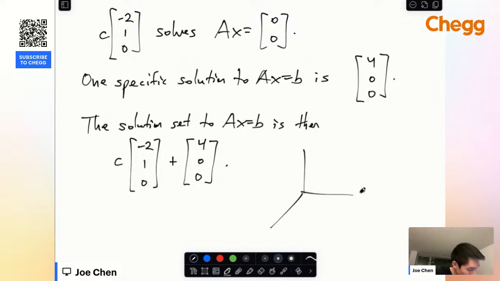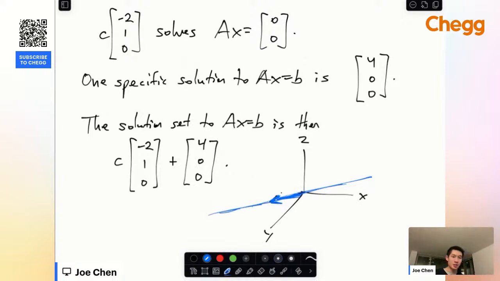Let's see if this is x, y, z. It's -2, 1, 0. So it's this line. Actually, this whole line.